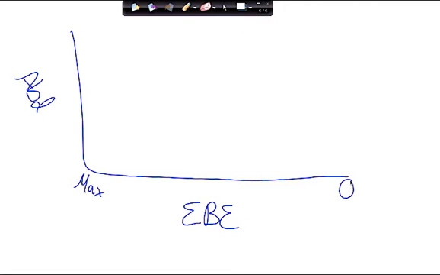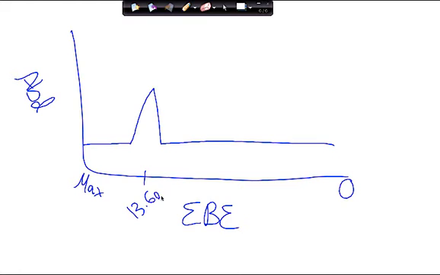And so, guys, if we pulsed hydrogen, this is what the PES graph of a hydrogen atom would look like. It would be nothing, and then it would be a peak, and then it would be nothing. And where would that peak lie? At 13.6 electron volts. You get it?